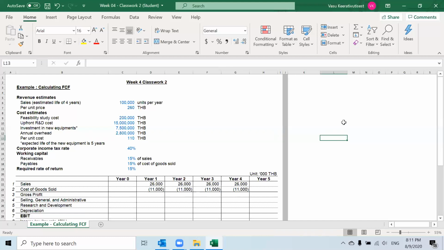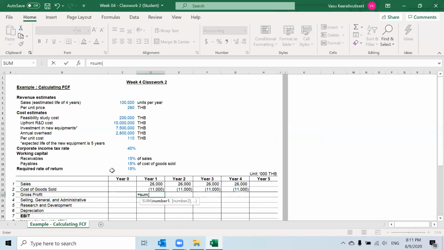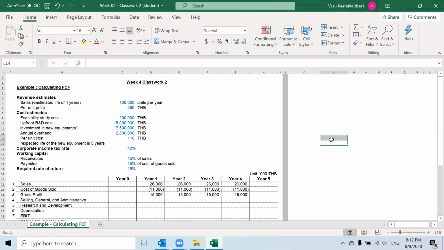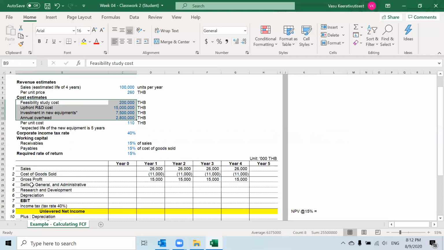Then the third line is about gross profit. It is equal to the summation of these two lines. So here you finish your gross profit. Then we need to calculate those expenses, for example SG&A and research and development.